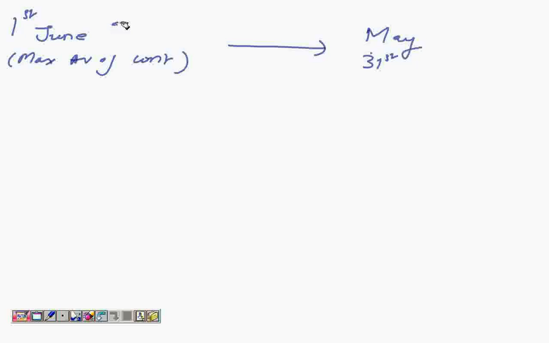So you will have a maximum of 12 contracts, where each contract symbolizes a particular month.